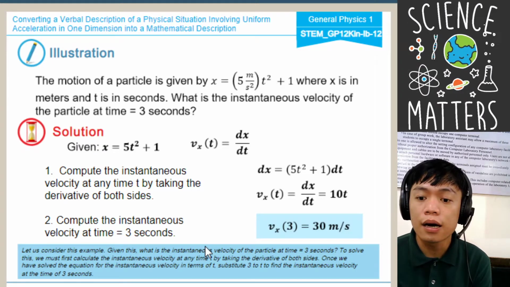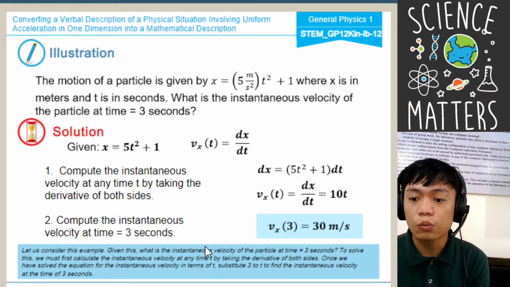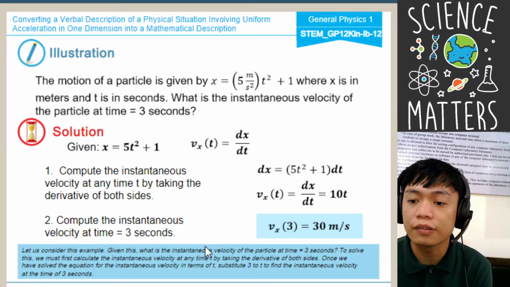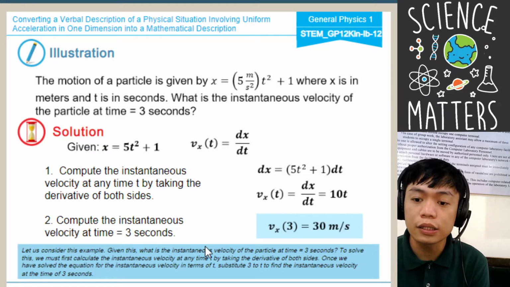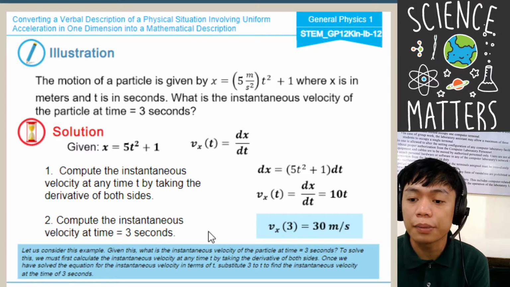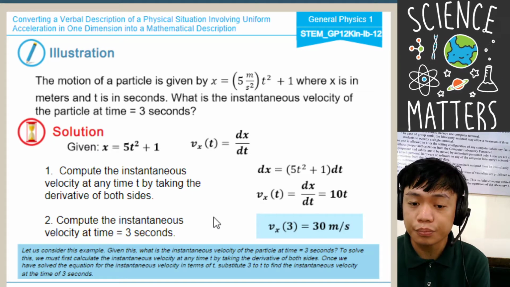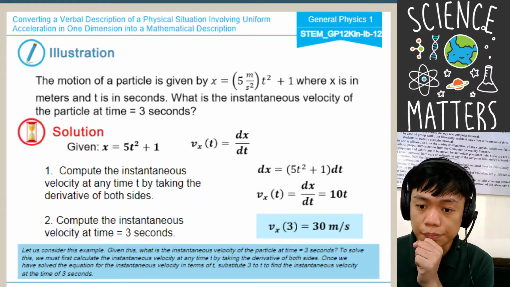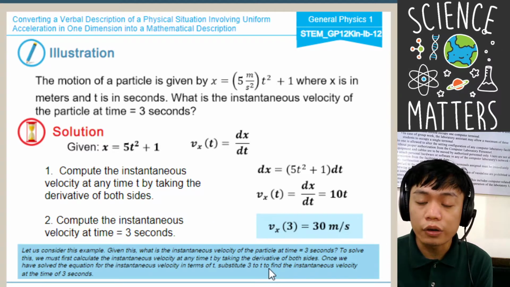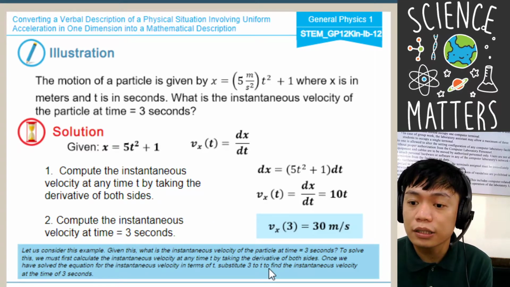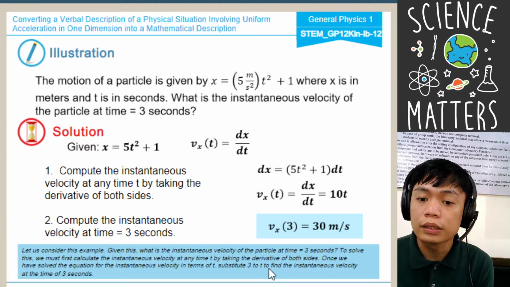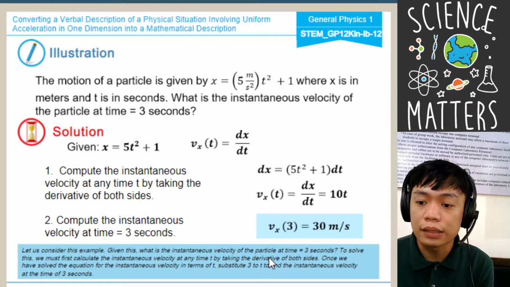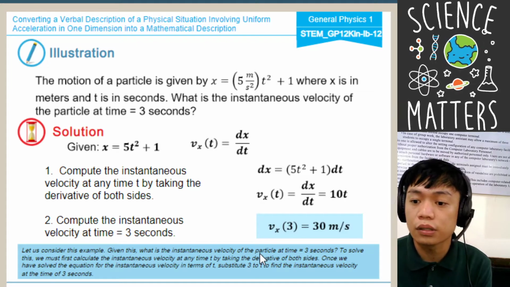So basically, to answer this, we have to identify the given values. Okay, so x is equal to 5t squared plus 1, and the formula in getting the average velocity or the instantaneous velocity with respect to time is equal to dx divided by dt, with x as the displacement or the position, and t is equal to time.